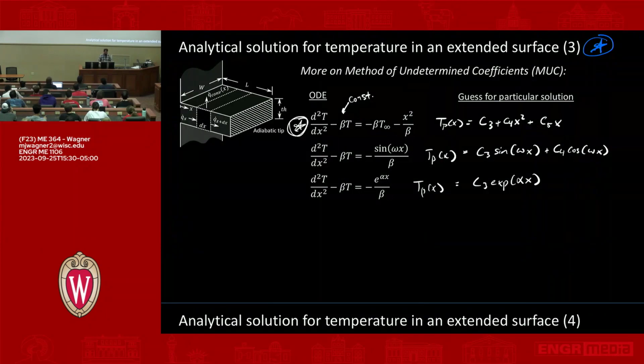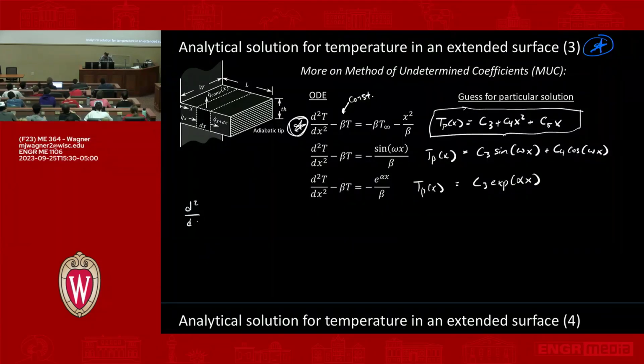So we've guessed this form. Let's actually plug the form that we guessed, this thing over here, into our differential equation. So we have d squared dx squared. Plug this whole thing in. So it's c3 plus c4 x squared plus c5x.